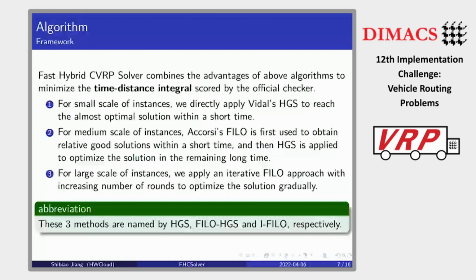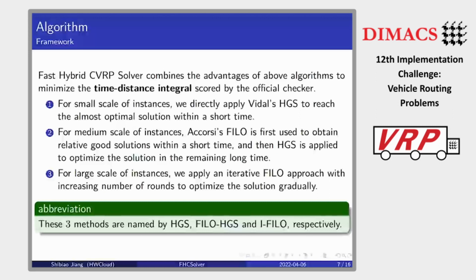We will divide the instances roughly into three parts: small, medium, and large. For small-scale instances, we directly apply Vidal's HGS to reach an almost optimal solution within a short time. For medium data, Accorsi's Filo is first used to obtain relatively good solutions within a short time because the iterative local search is very fast.